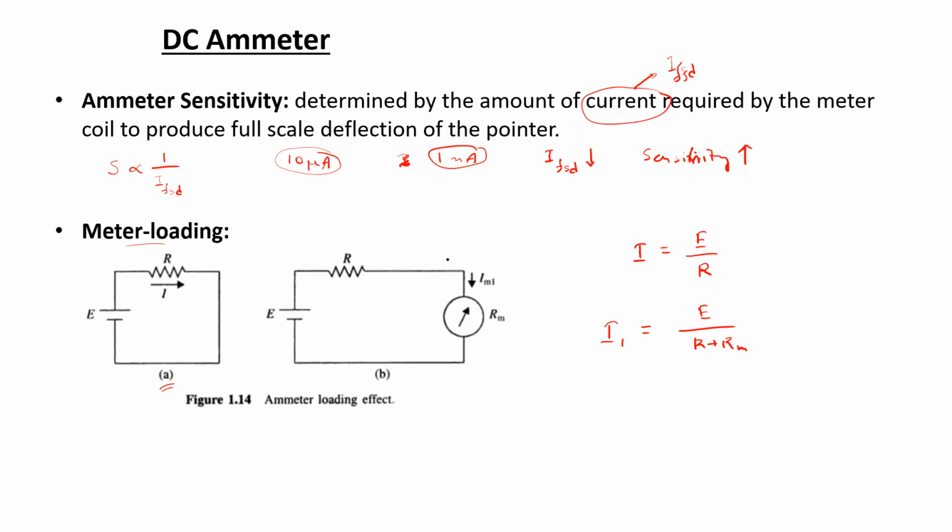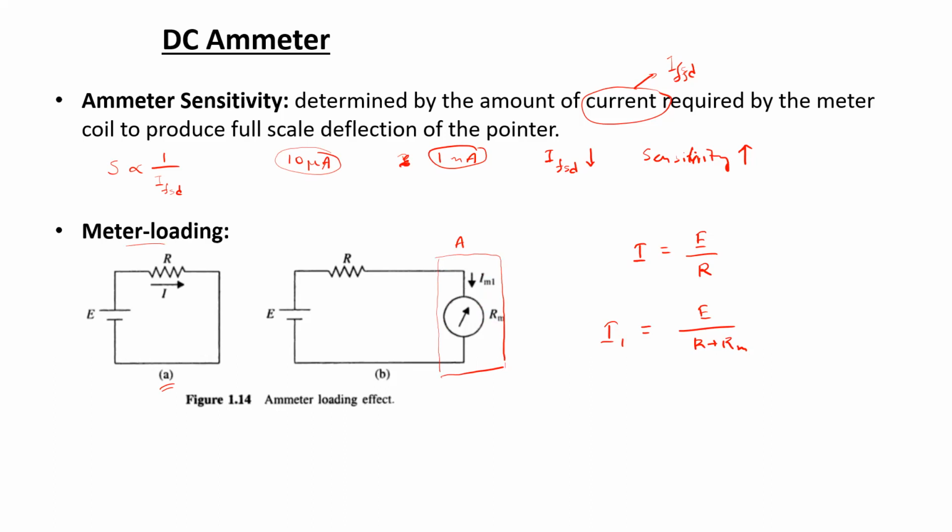Now here, this portion is actually indicating the ammeter, not only the PMMC. Okay, so this is the ammeter. Now here in the diagram, it is shown as the symbol of PMMC in terms of Rm and Im.